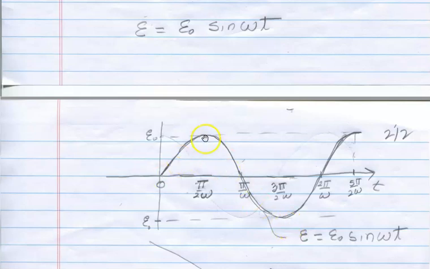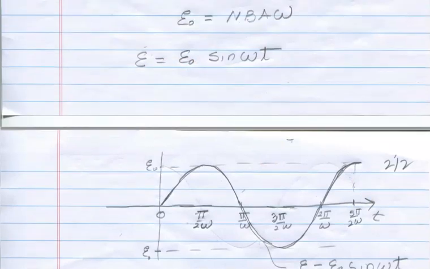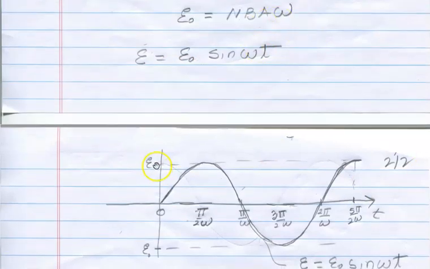When it's positive, the EMF is in one direction, causing current to flow in one direction in that induced current. Once the EMF is negative, it causes current to flow in the opposite direction. So we have alternating current in this particular device. It oscillates between the maximum values. This E naught for a specific generator is just a constant, and it oscillates between plus and minus E naught.